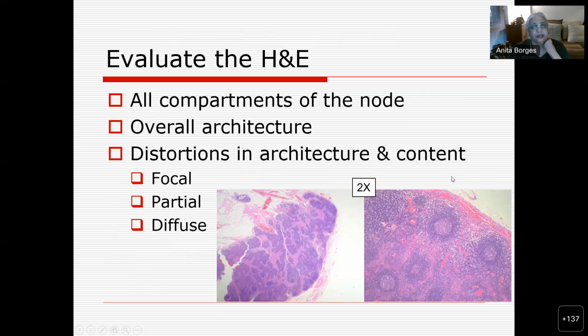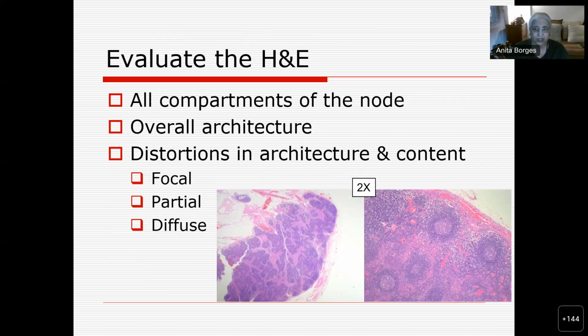Now, what do I mean by evaluate the H&E? This means that all the compartments of the lymph node have to be evaluated. And what are these compartments? I think the compartments start with the capsule.